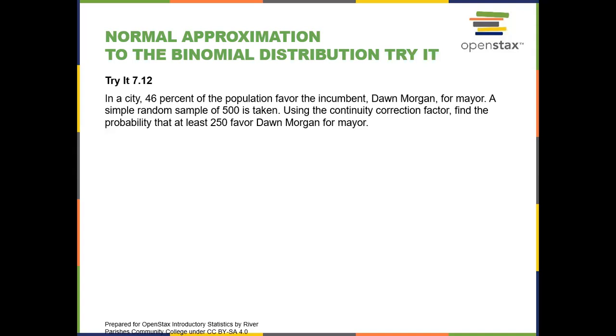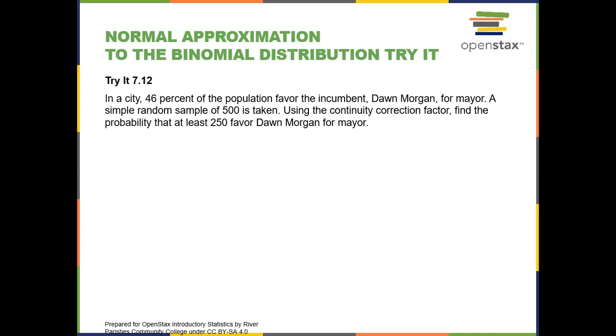In a city, 46% of the population favored the incumbent, Don Morgan, for mayor. A simple random sample of 500 is taken. Using the continuity correction factor, find the probability that at least 250 favor him. Okay, so we are going to use a normal approximation to this binomial distribution. Our probability of success is 0.46. First we multiply n times p.